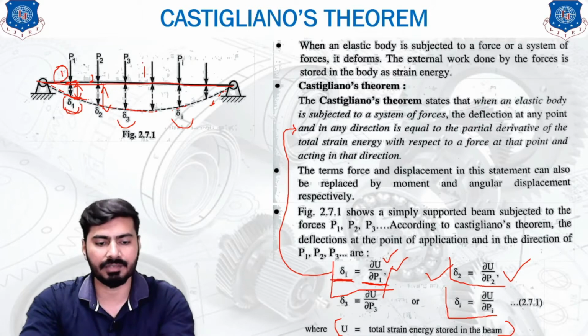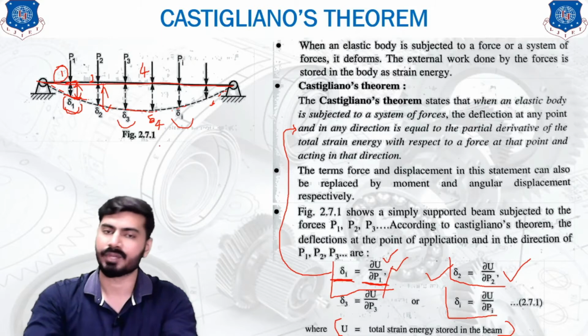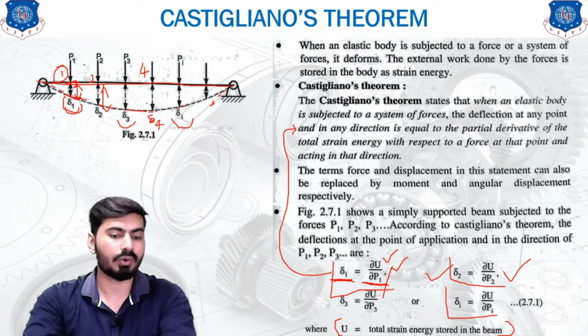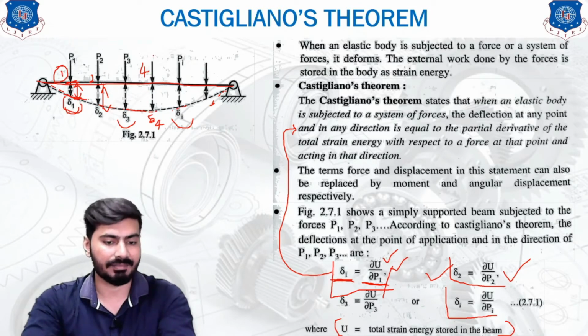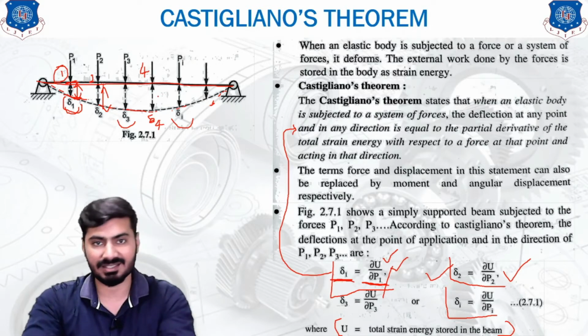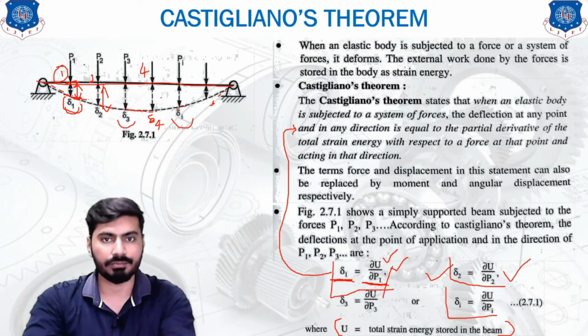Let's say I am giving this point the number 4, and if you want to calculate the value of deflection at point 4, we will represent it as delta 4. So if you want to calculate the deflection at point 4, as you can see, no force is externally applied, but deflection is there due to the forces which are applied in the vicinity of point 4.